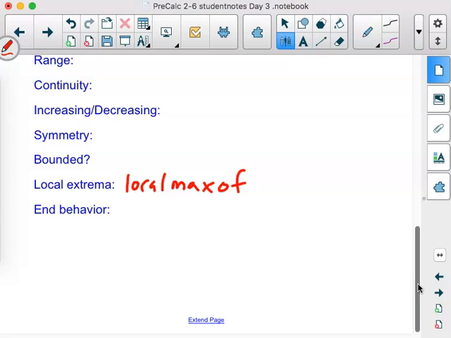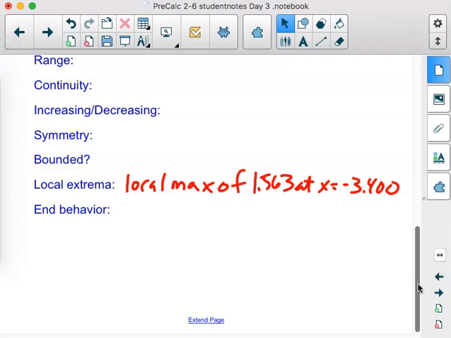Local max of 1.563 at x equals negative 3.400. All right.